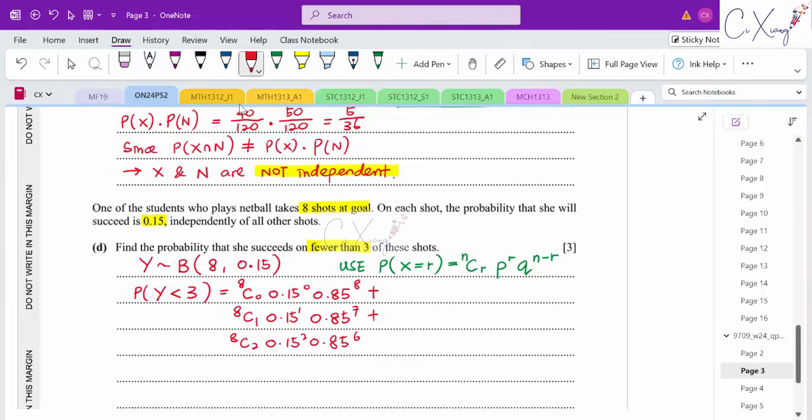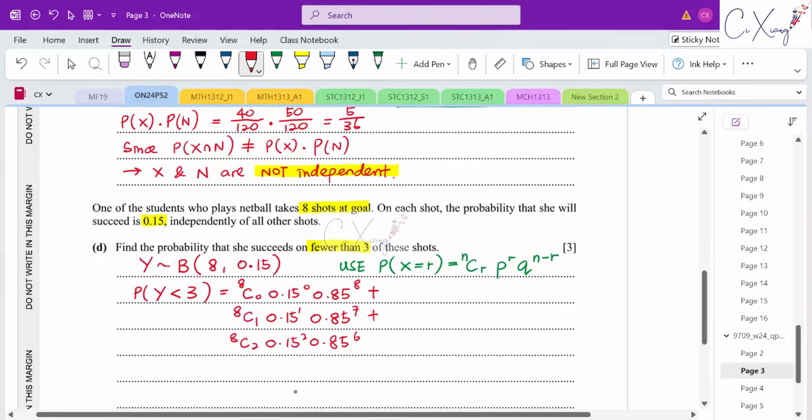Then I think you should stop here. You shouldn't include Y equals 3 because in the question they said fewer than 3, and fewer means it doesn't include the 3. Therefore, your calculation shouldn't include the 3. So we'll stop here. Try to press the calculator and get the final answer. For me, the original long answer that I get is this one.